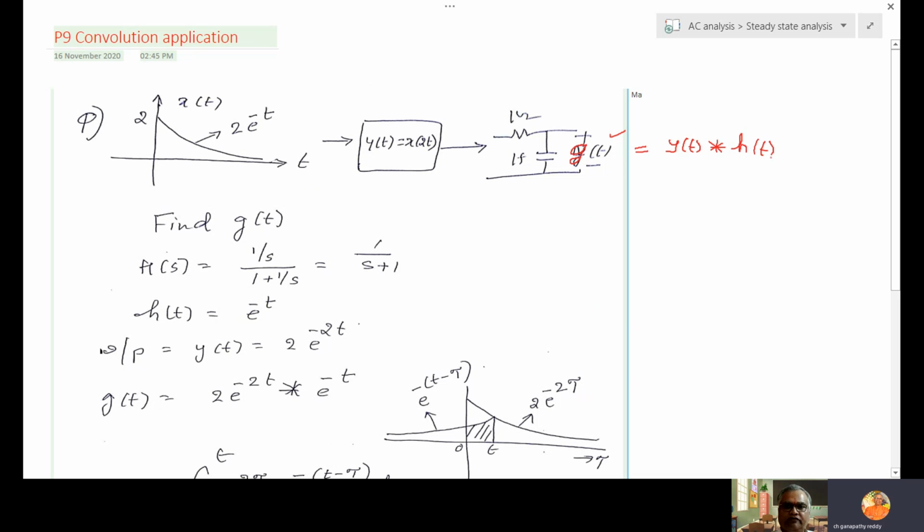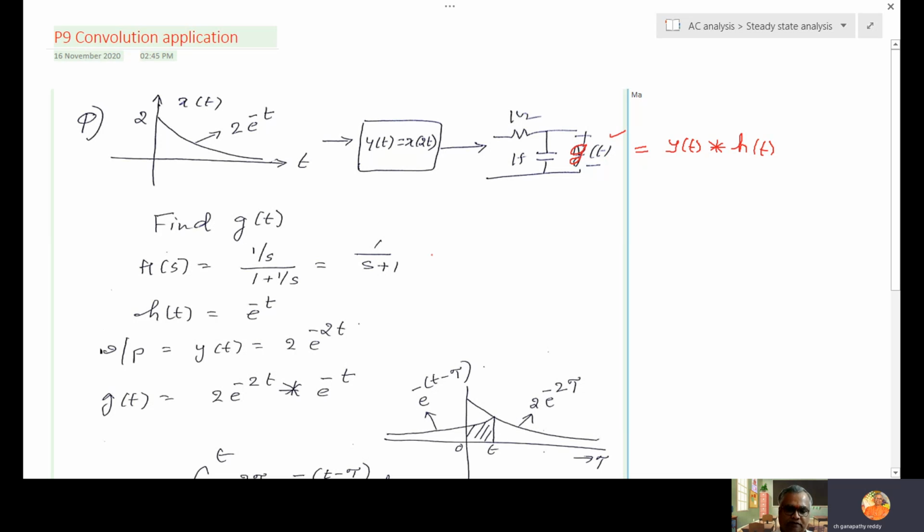By doing this graphical convolution, you can find out g of t. This convolution you will study in signals and systems. I am not explaining what convolution is, all those things. I am explaining the application directly. If you understand, fine. Otherwise, after signals and systems, after convolution, go through this, you will understand.